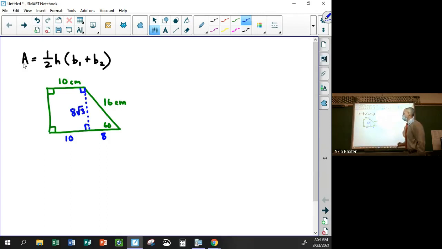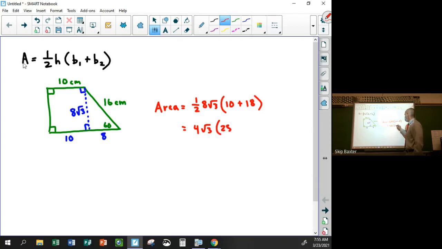So that's it, right? And then once you have all of those pieces, the area would just be 1/2 h. So it's 1/2 of 8 radical 3 times (b1 plus b2), 10 plus 18. So this ends up being 1/2 of 8, which is 4 radical 3, times 28.